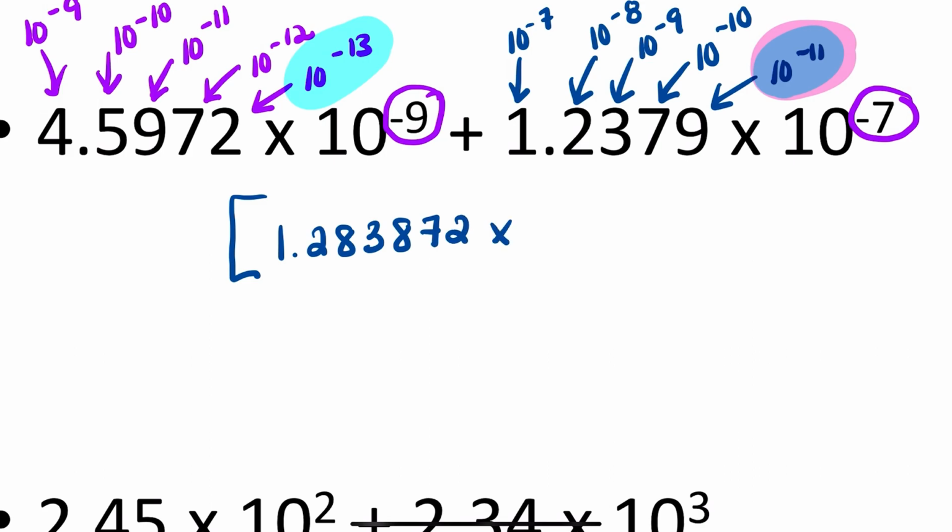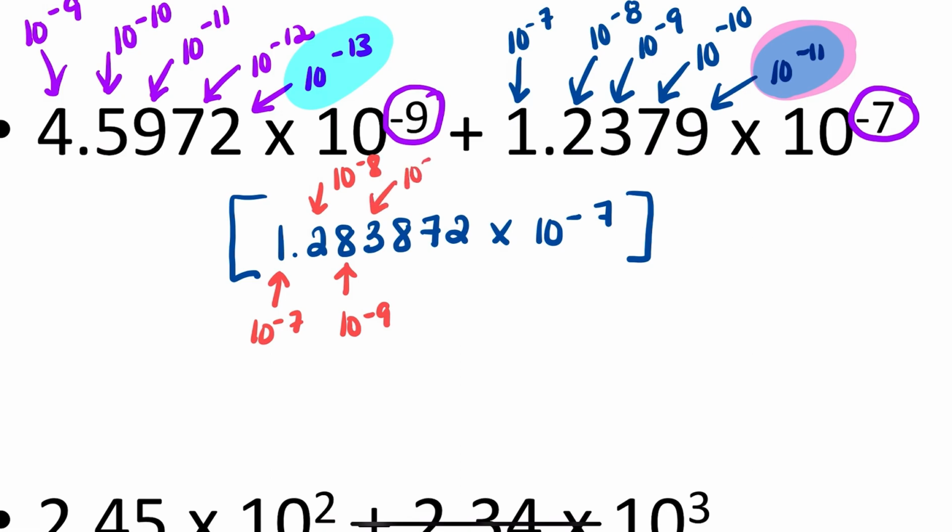1.283872 times 10 to the negative 7. 10 to the negative 7, 10 to the negative 8, 10 to the negative 9, 10 to the negative 10, 10 to the negative 11.